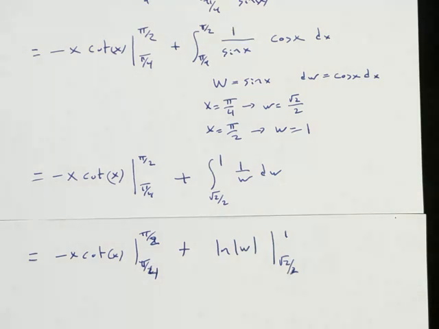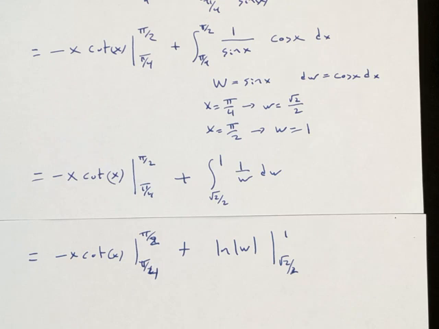Cotangent of pi over 2. Cotangent is cosine over sine. What's cosine of pi over 2? Amy's going to yell at you for not remembering the trig table. Cosine is 0. That means that cotangent of pi over 2 is 0. Pi over 4. Cosine of pi over 4? And sine of pi over 4 is also root 2 over 2. And that makes cotangent of pi over 4 equal to 1.